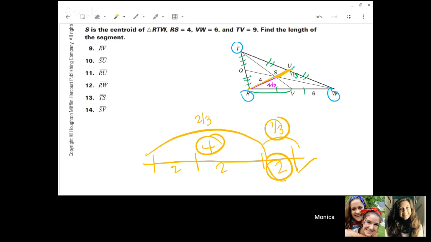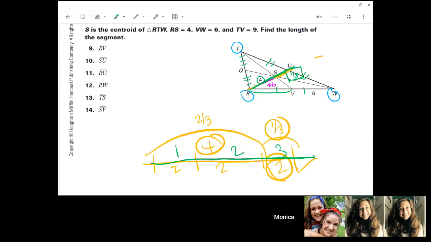Okay, so it's not 1/3 of 4, it's 1/3 of this whole length from RU. So if we know that 2/3 of that whole length is 4, 1/3 of it is what we had to solve for. So we said this whole part down here is divided into 3 segments, 1, 2, 3.